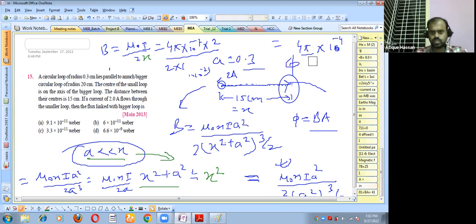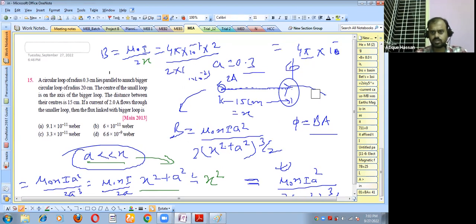That will also change. Here it will change.